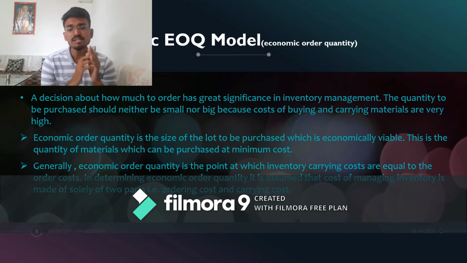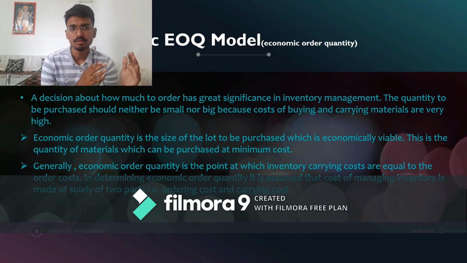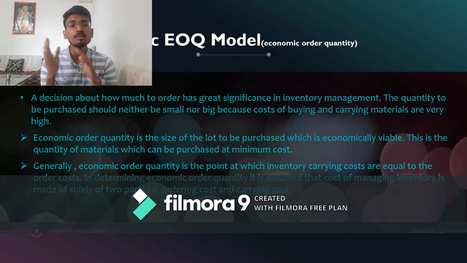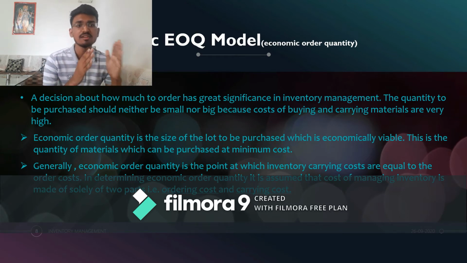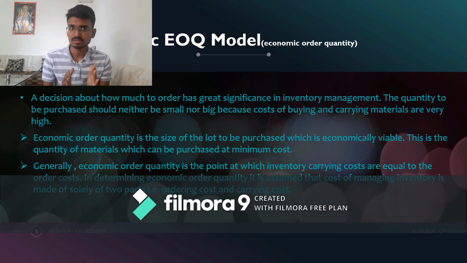What is economic order quantity? Economic order quantity is the size of the lot to be purchased which is economically viable. I repeat, economic order quantity is the size of the lot to be purchased which is economically viable. This is the quantity of material which can be purchased at the minimum cost.